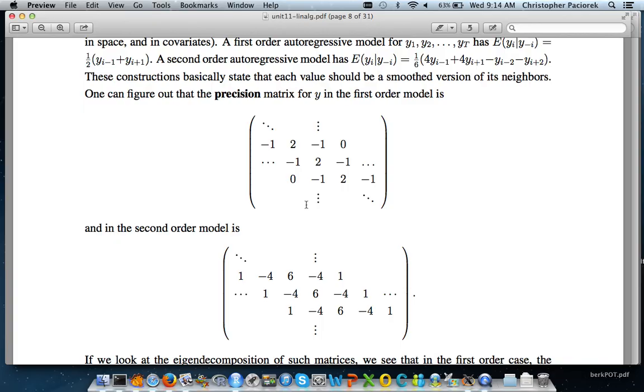Why can't it be more than p? Because there are only p rows and only p columns, so it can't be any more than that. So this has rank p. If we take the inverse, we still have rank p. We're just taking the inverse of the eigenvalues, so we still have as many non-zero inverse eigenvalues as we started with. We're going to have p eigenvalues that are non-zero.